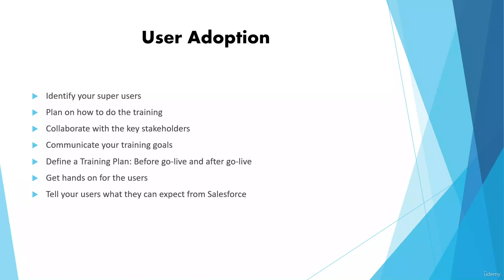Communicate your training goals, setting expectations for how and when users should use Salesforce. Answer how users benefit from this way of working. Tell your users what they can expect from Salesforce and what is expected of them.